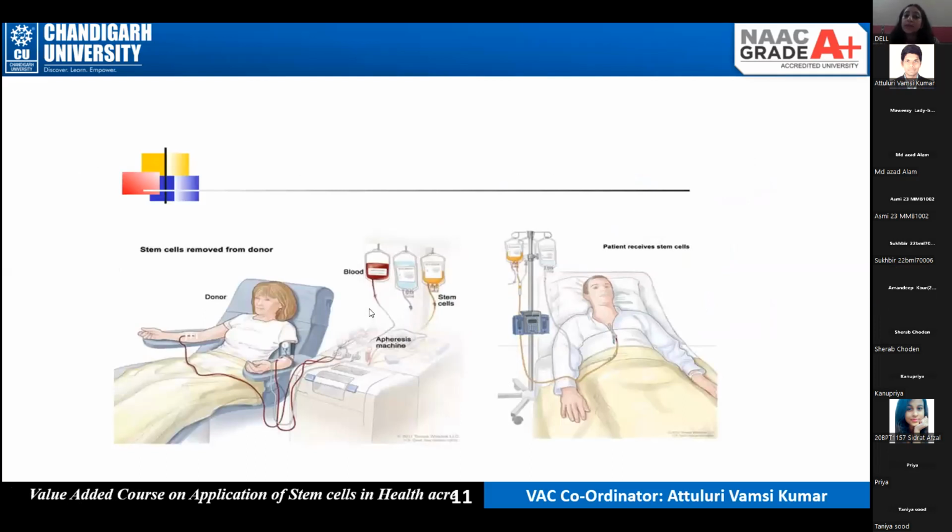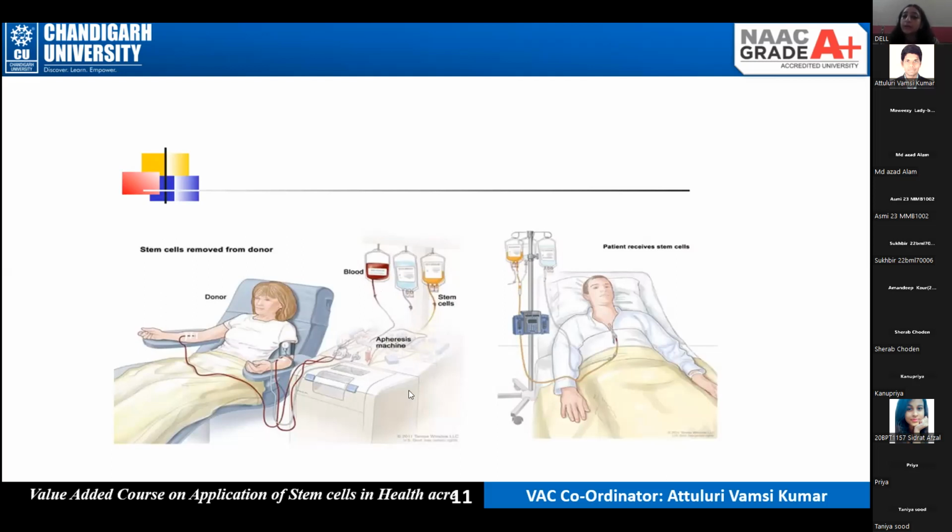This is the stem cells. This picture shows how the stem cells are removed from the donor's body. This is the apheresis machine in which the blood components are separated out. This one is the whole blood.